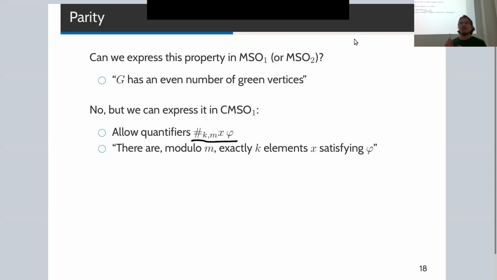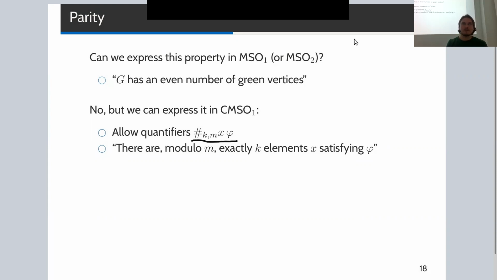So if M is 2, then you're going to count 0, 1, 0, 1, 0, 1. So if you count modulo 2, then you just check whether something is even or odd. And then this quantifier expresses that modulo M, there are exactly K elements that satisfy phi.